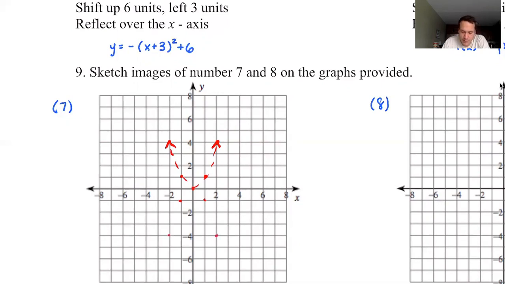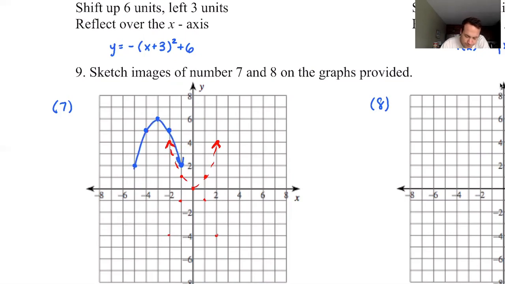Now that I have it reflected, I can shift those to the left 3 and up 6. So 1, 2, 3, up 6, 1, 2, 3, up 6. Let me change the color there. 1, 2, 3, 1, 2, 3, 4, 5, 6. This one comes here.